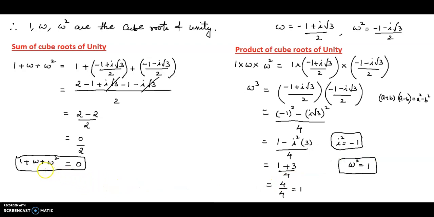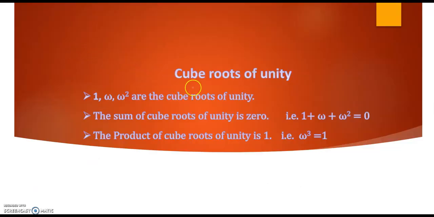So two very important conditions which we have derived from the cube roots of unity are: the sum of cube roots of unity is equal to 0, and the product of cube roots of unity is equal to 1. To sum up, 1, omega and omega square are the cube roots of unity.